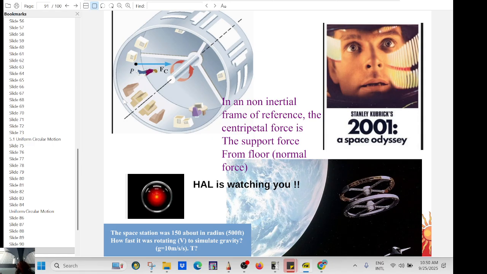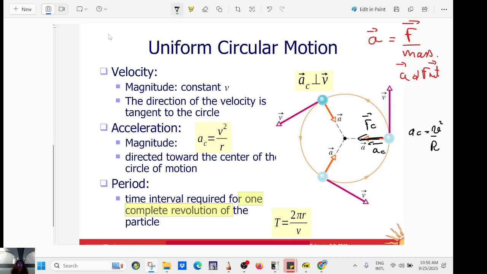That's what happened to the astronauts last year when they were stuck for 6 months. So this is the best way to do it, so people are not losing their bones. So anyway, can you do that problem here?